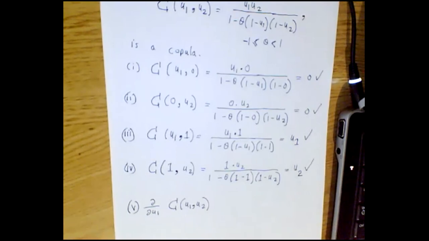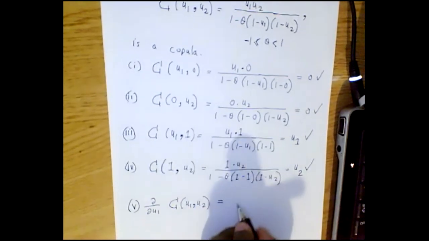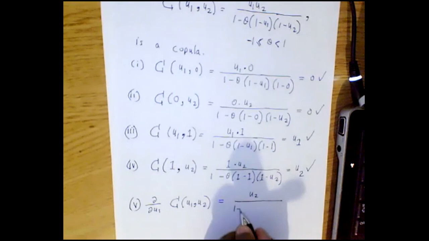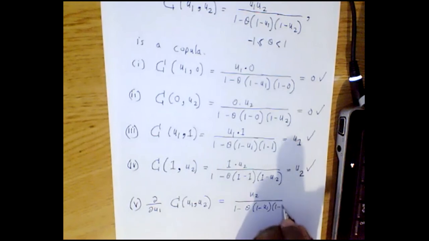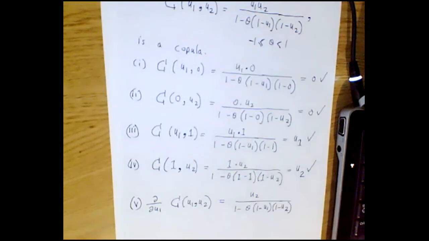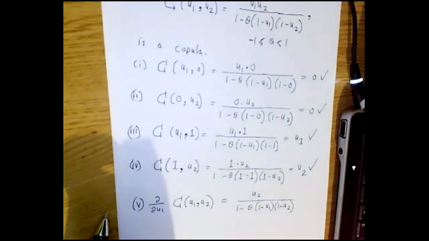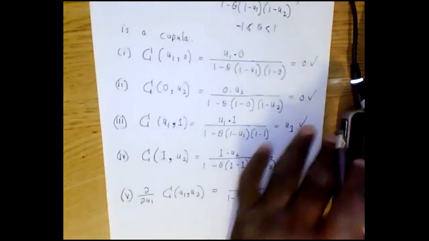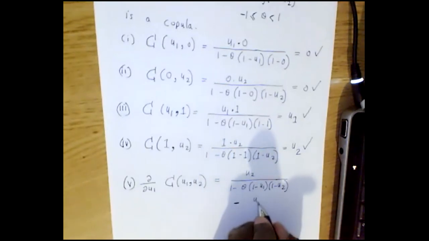Let me see. I will do it in a short way. If you apply the quotient rule and simplify things, you get u1, u2.